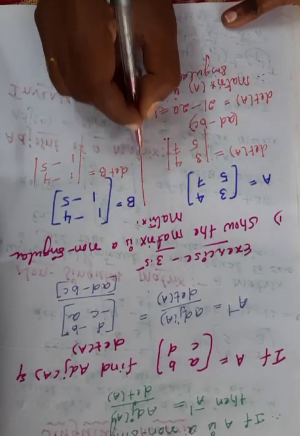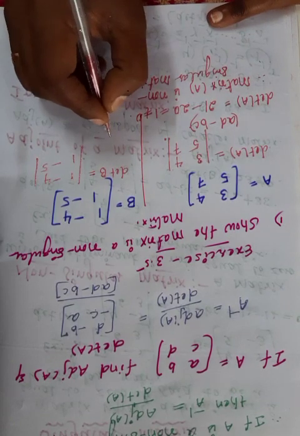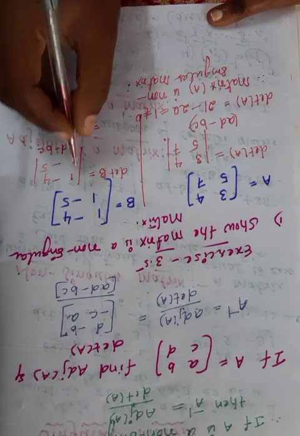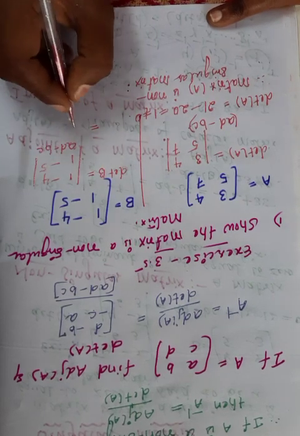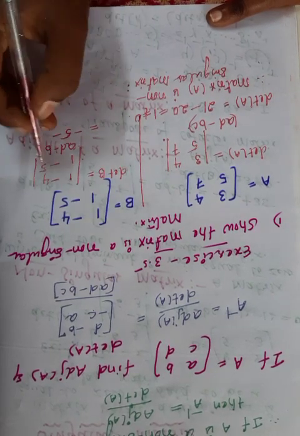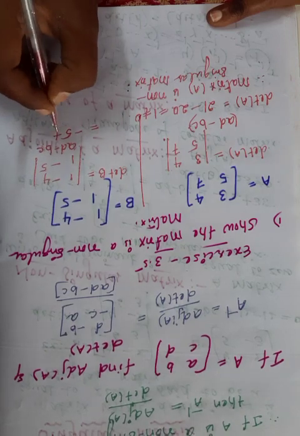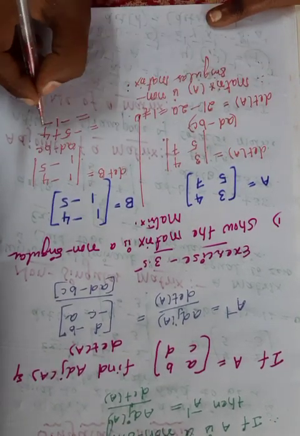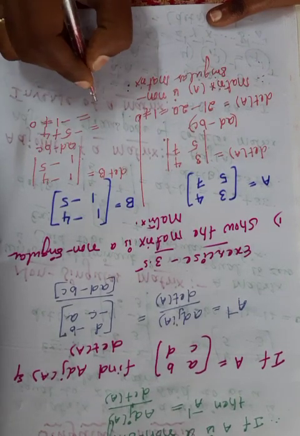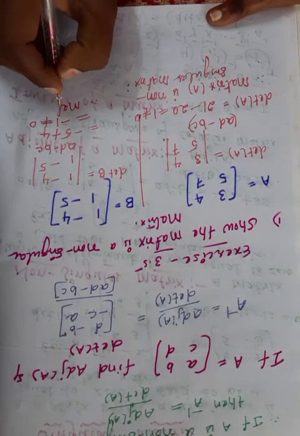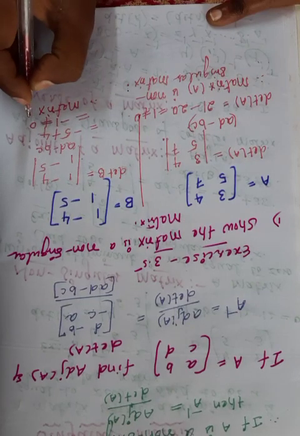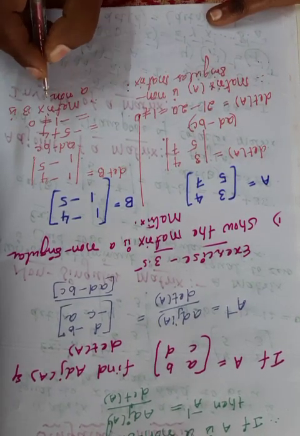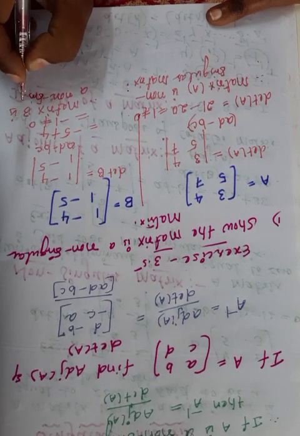Similarly, det B is equal to AD minus BC. 1 into minus 5 is minus 5, minus of 1 into minus 4 is minus 4. So minus 5 plus 4 is minus 1, which is not equal to 0. Therefore, matrix B is also a non-singular matrix.